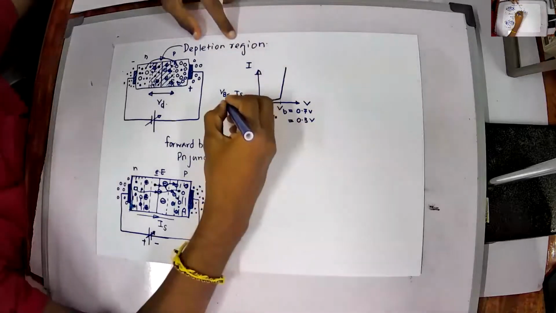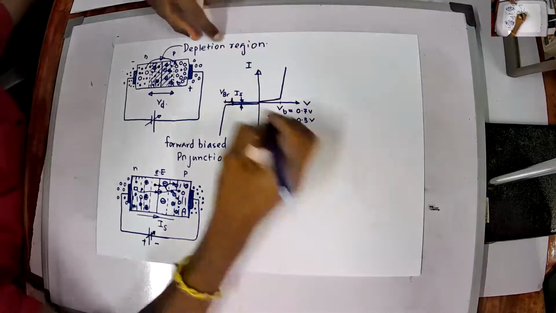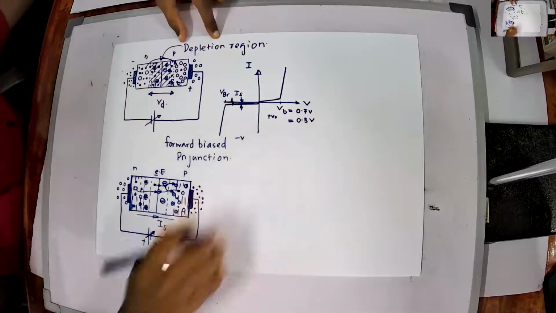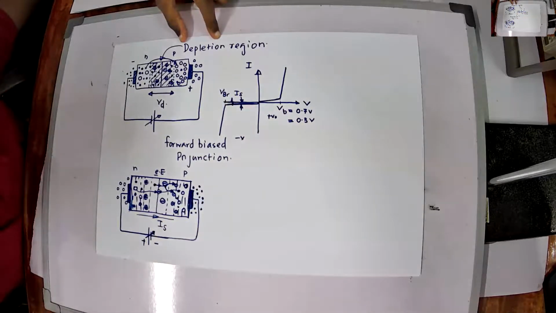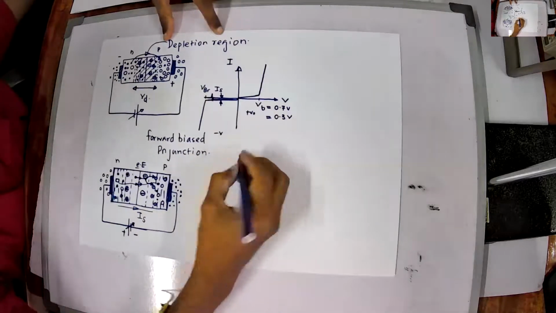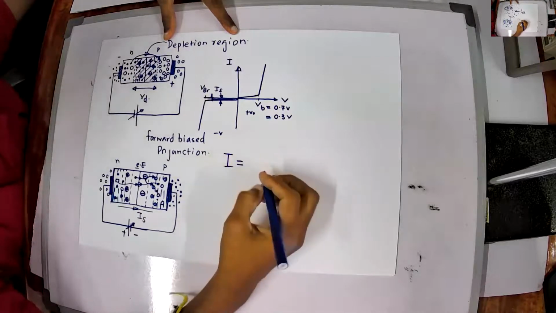So I can put a break mark in the axis. But hence we will have a small reverse saturation current in the diode.